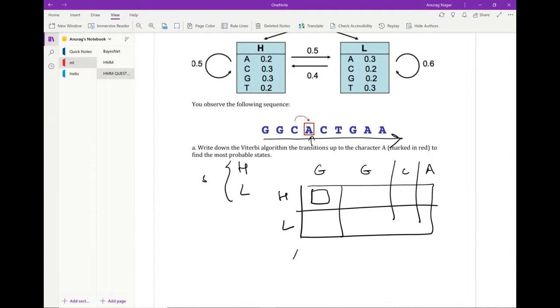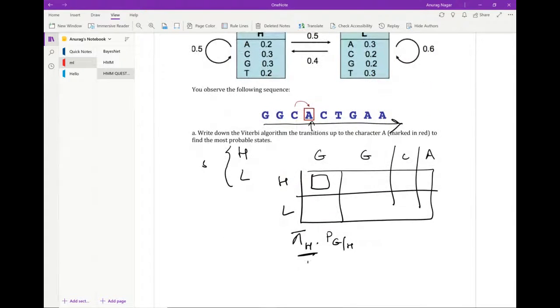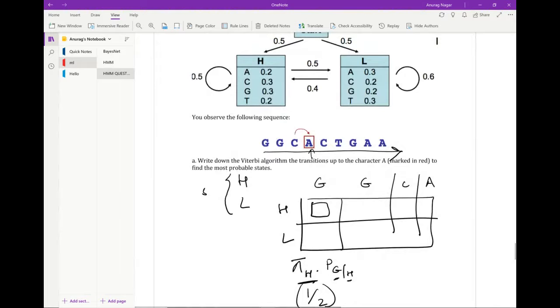This value will mean starting in the H state and then outputting G in the H state. Are you given the starting probability? Well, you are given 50-50 starting state, so 1 over 2 multiplied by H state and G, 0.3.